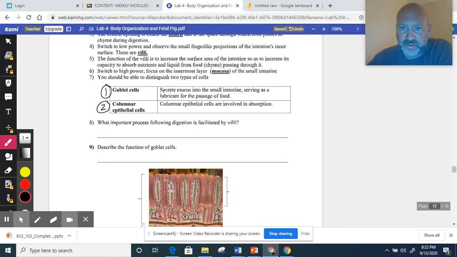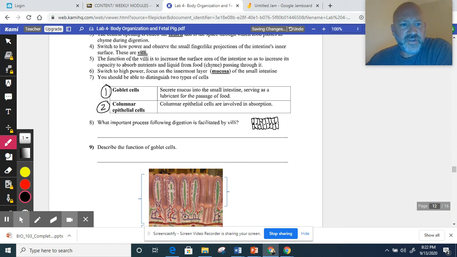They're arranged like little columns. So they're kind of long and skinny like this. They'd have a nucleus, and they are arranged next to each other like this. Because there's only a single row of them, this is a simple arrangement, simple columnar epithelial cells.